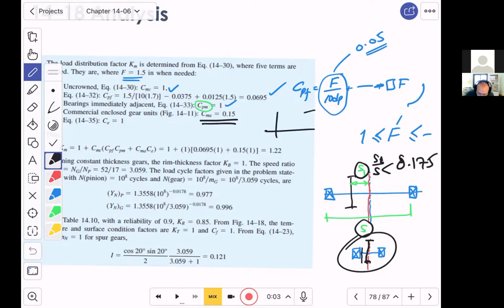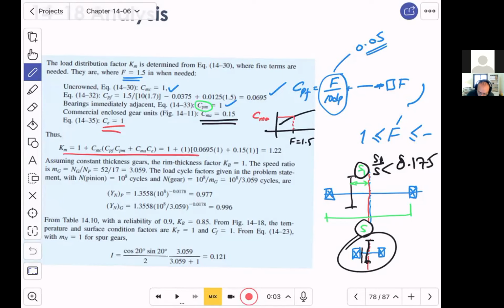If you look at the curve for the enclosed commercial unit, and you know that F is equal to 1.5, you should be able to calculate CMA. The last one is CE, which is related to any adjustment or modification, and it is 1 since there is nothing mentioned like that. So what did we get? We got Km finally. Okay.